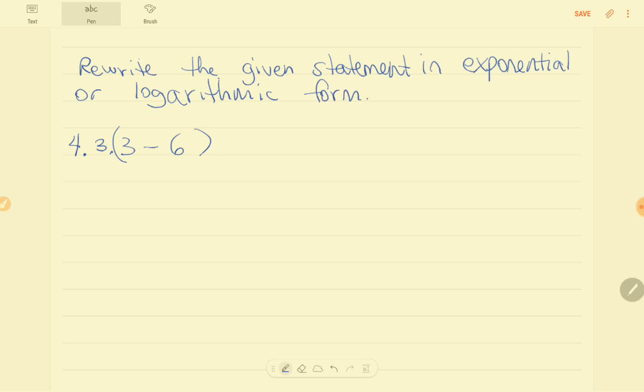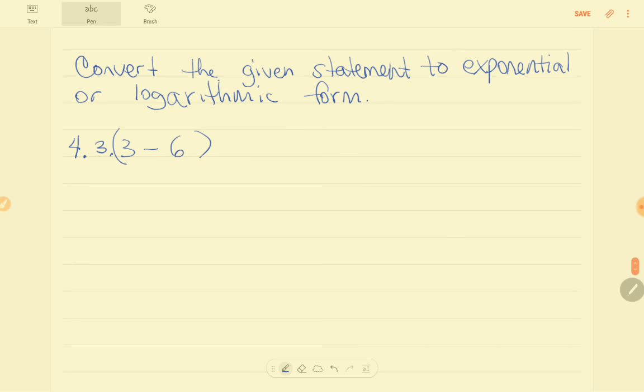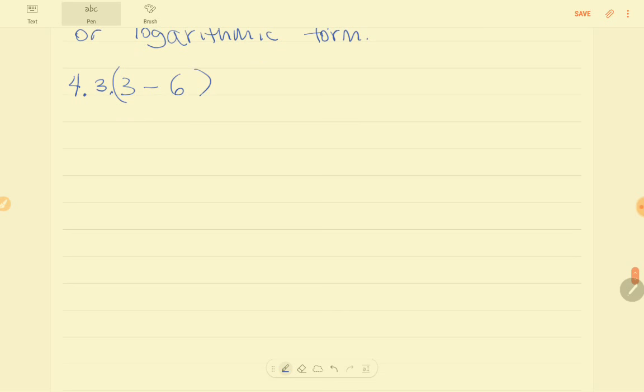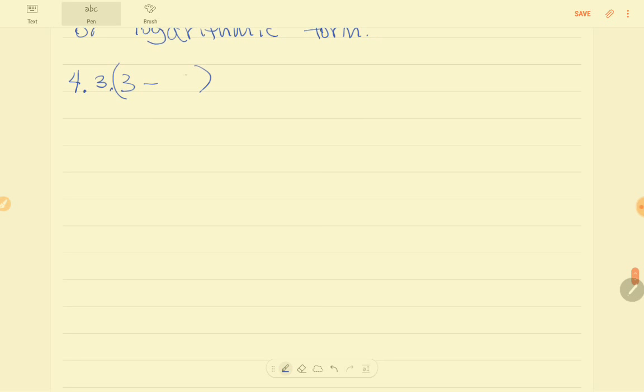So we're basically just converting. So whatever you are given, convert it to the other type. Okay, so convert the given statement to exponential or logarithmic form, and that would be 3 through 10.